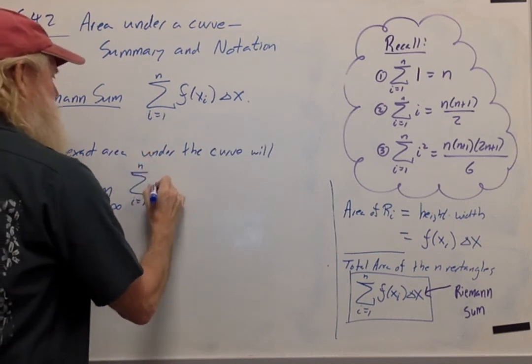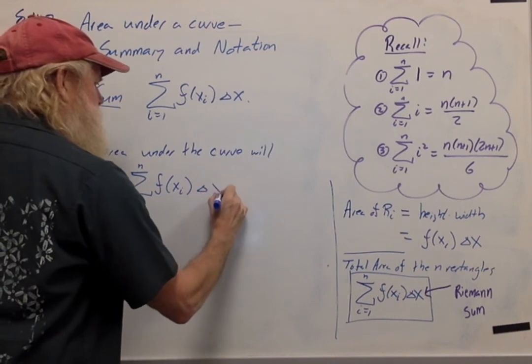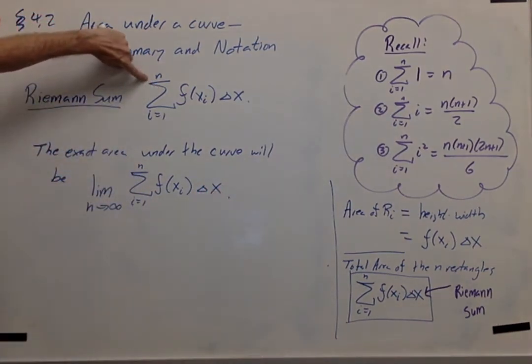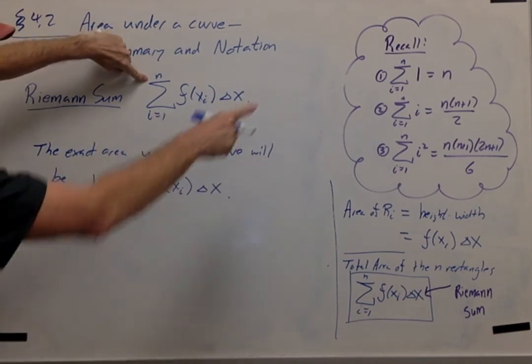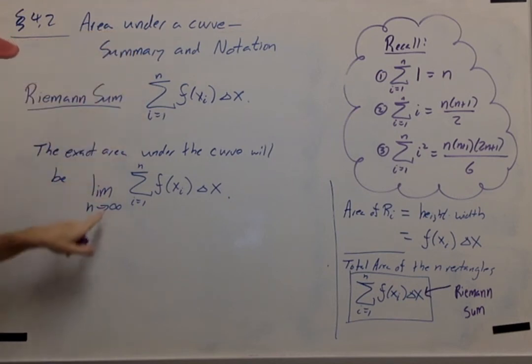In other words, you're going to take more and more and more rectangles. So you get to this point, you expand it out, plug in those formulas, and simplify. That gives you a formula involving n, and then you let n go to infinity.